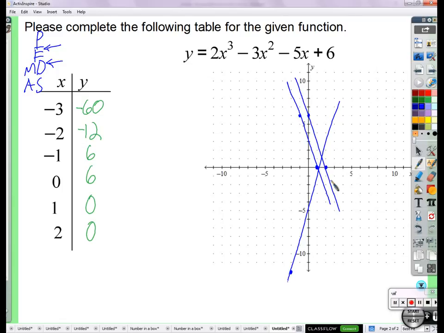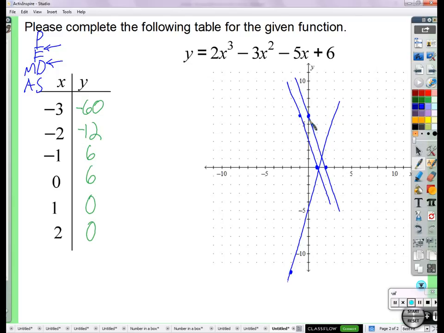So let me ask you a quick question. If I put a 0 into this function, what do I get out? You get 6. If you plug in 0, you get out 6. And that's why this point is here, correct?